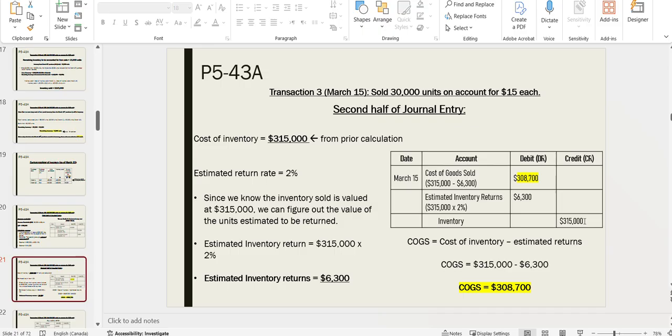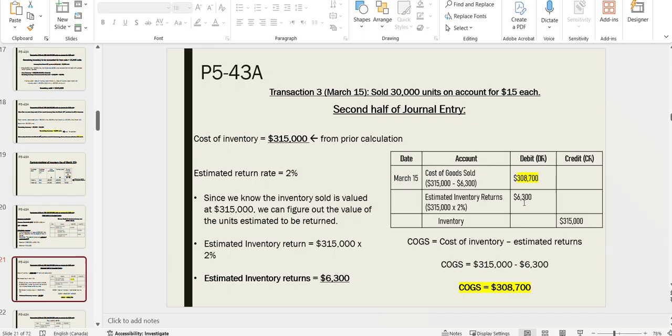The cost of goods sold is an expense. So when it increases, you need to debit. Why is it not equal to $315,000? It is because of the rate of return. So the estimated inventory return is $6,300.